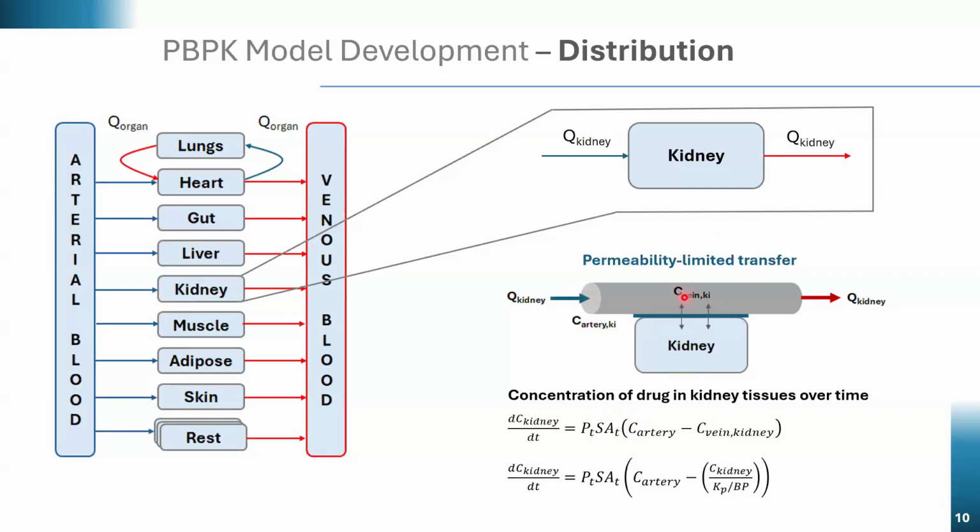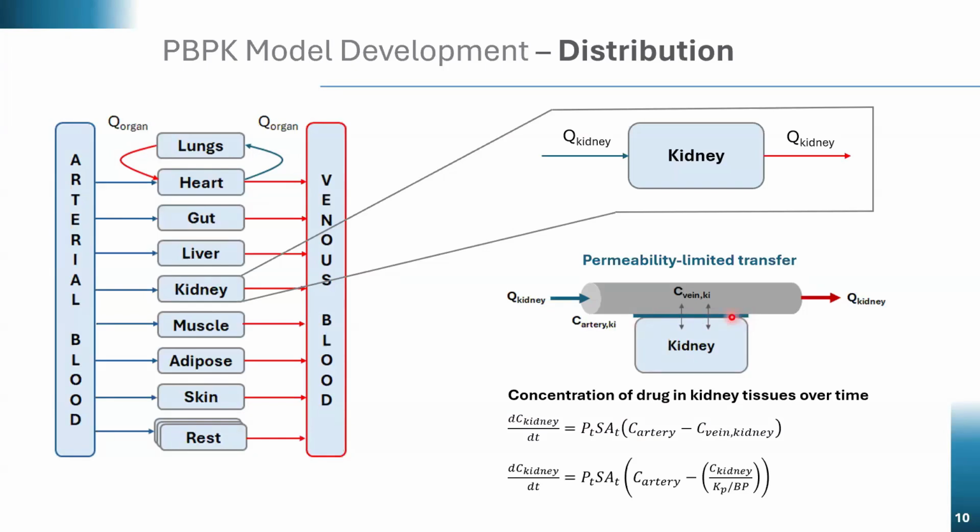So we use this mechanism usually for drugs that find it difficult to easily cross membranes. Take the distribution of drug in the brain: even though the drug could be a small molecule, because of the blood-brain barrier, which is a very tight junction, it can also experience permeability limited transfer.